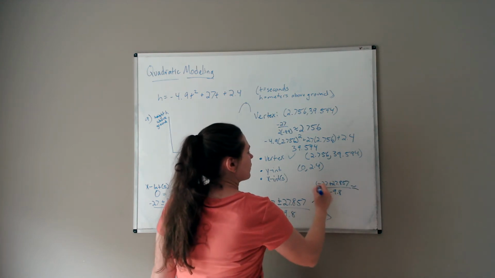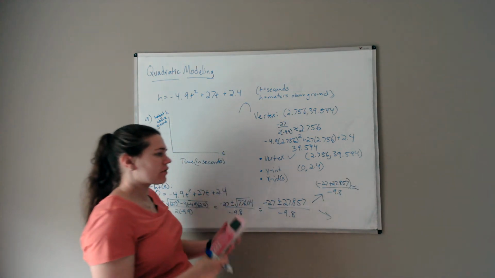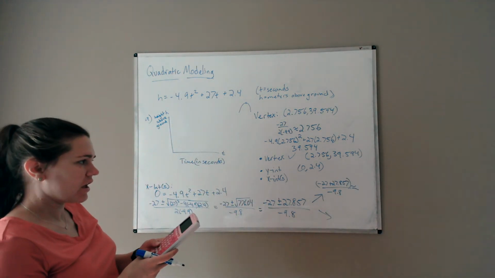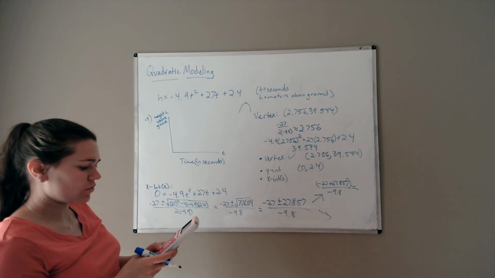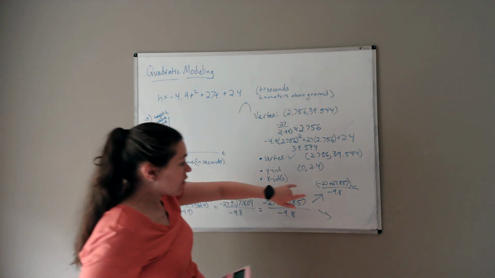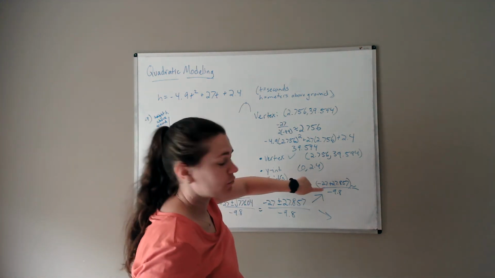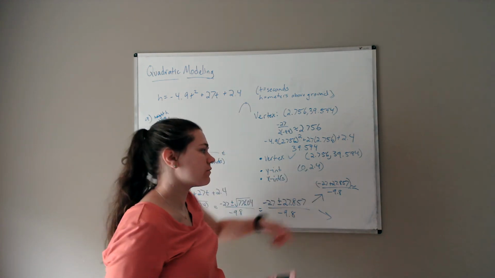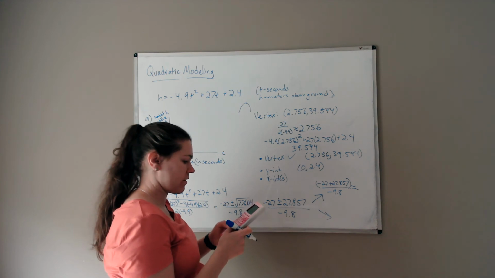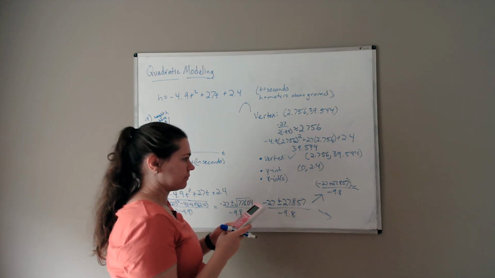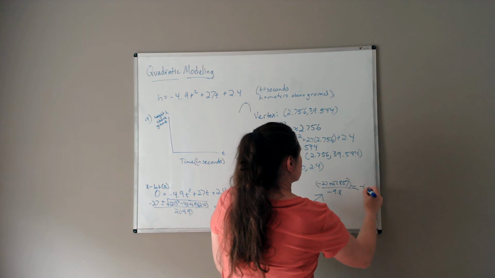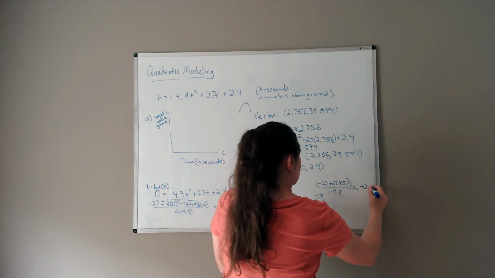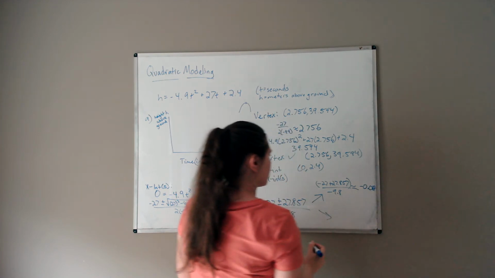When you put this in your calculator, you need to make sure you put parentheses around the numerator. Your calculator is extremely smart and follows order of operations. If you wrote this out horizontally instead of as a fraction, you have to remember the numerator is being added before you're dividing by negative 9.8. You get negative 0.087.